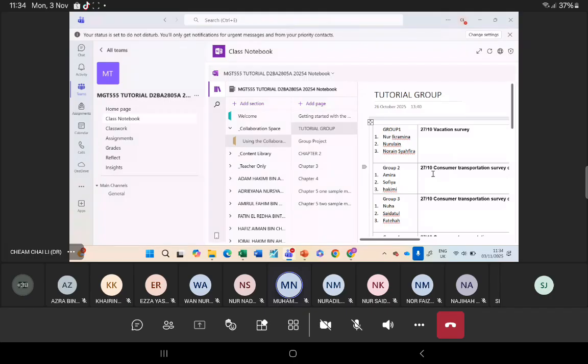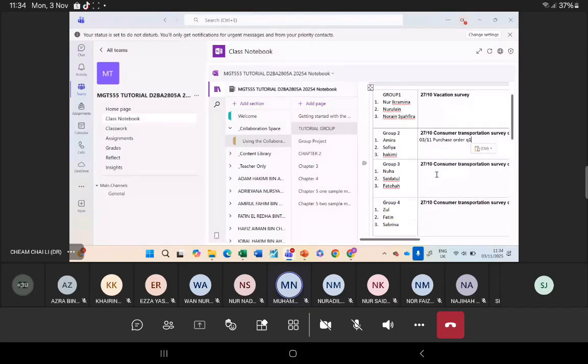Okay, I start the second group. So purchase order transaction.